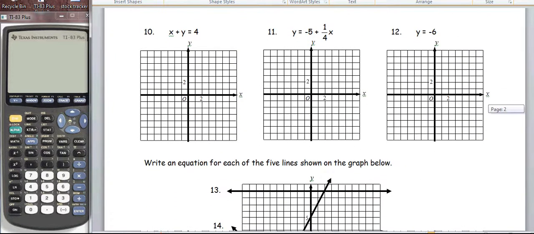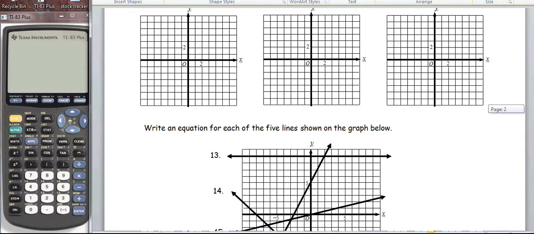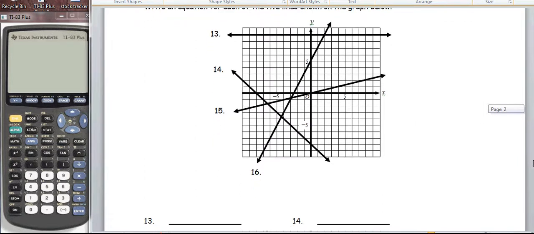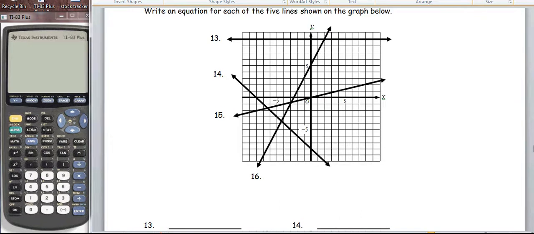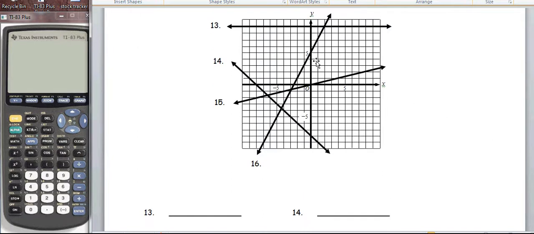Number 10, 11, and 12, I would like you to do on your own. For 13, 14, 15, and 16, these are lines, and we have to find the equation for the line on the graph. So let me do number 16 for you. So number 16, I see crosses at 5.